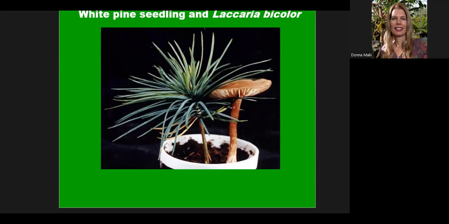There's fungi around plants all the time, and many are not mycorrhizal, but this relationship has been going on since the transition from ocean onto terrestrial land.